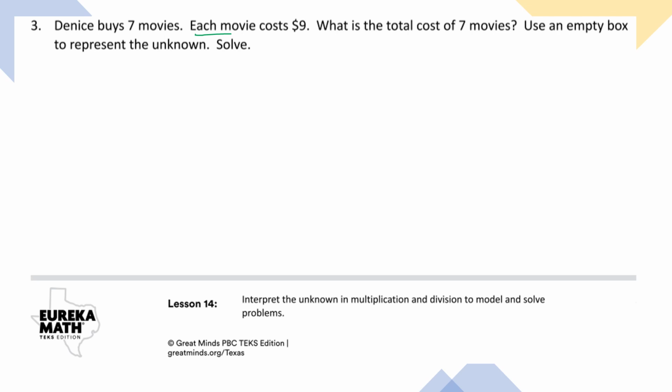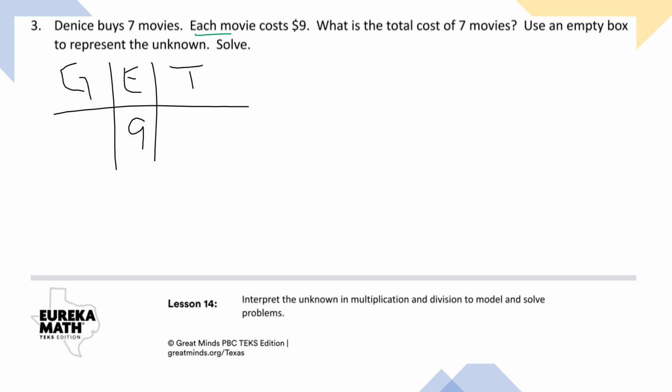Okay, well, let's go ahead and write our get chart. And then reread. Denise buys 7 movies. Each costs $9. What is the total cost of 7 movies? Use an empty box to represent the unknown.